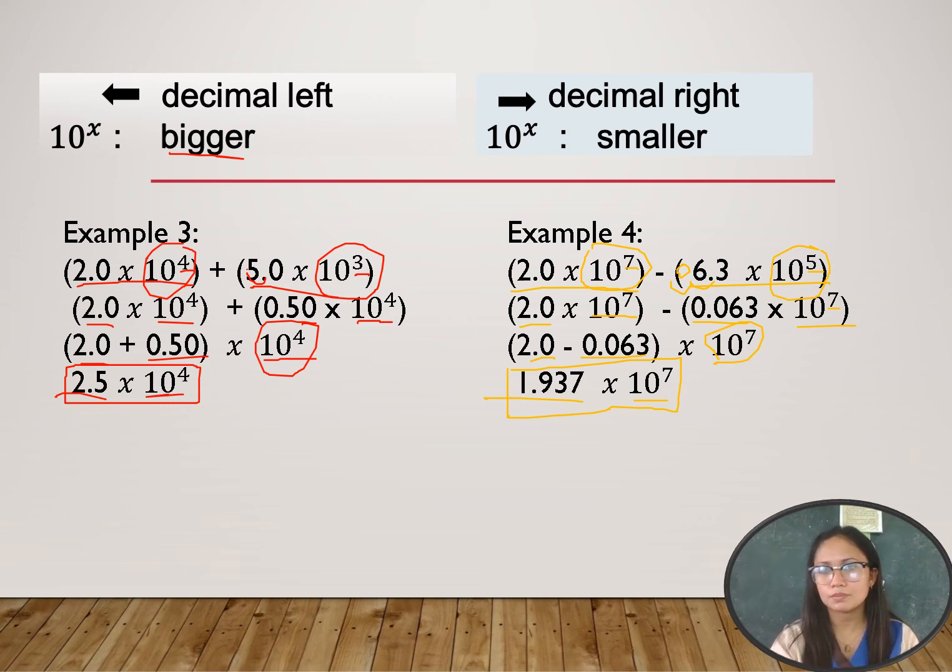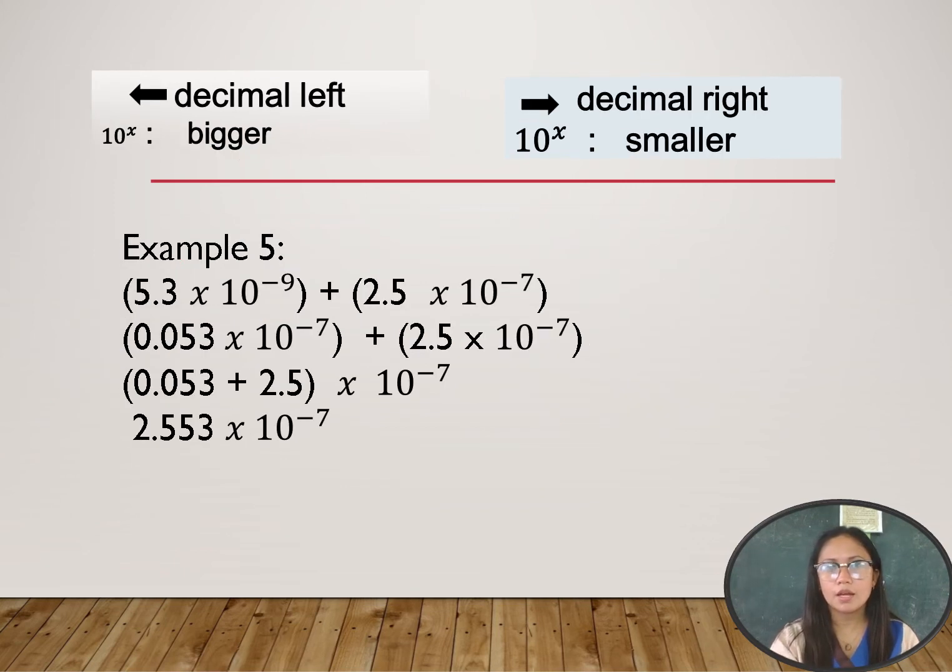Another example, 5.3 times 10 to the power of negative 9 added to 2.5 times 10 to the power of negative 7.